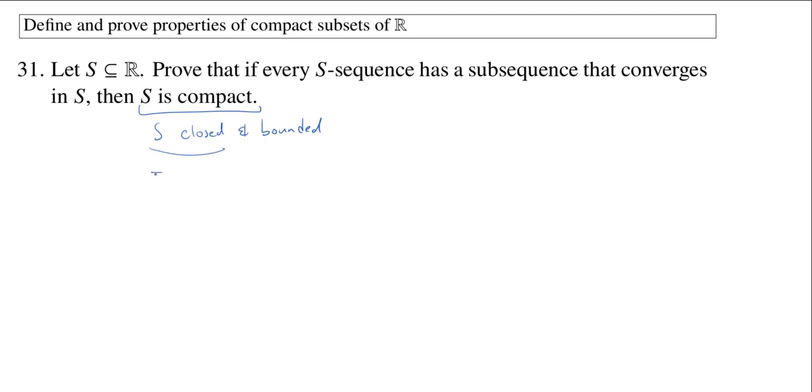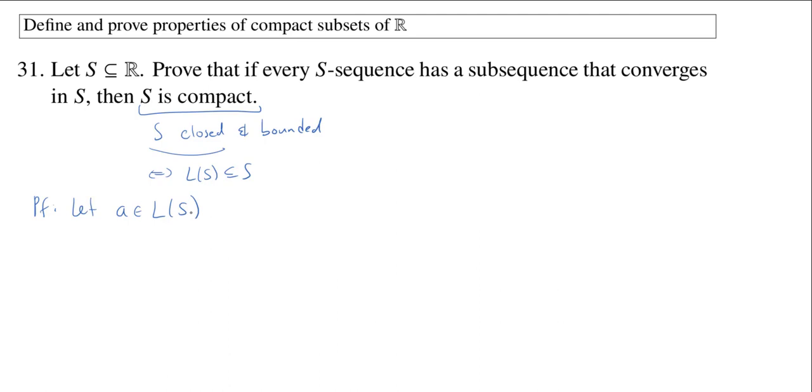This is equivalent to saying that every limit point of S is contained in S. That means our first line needs to be: choose a limit point. So let a be a limit point of S.